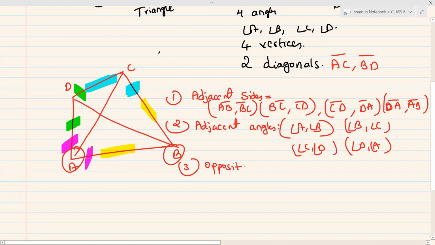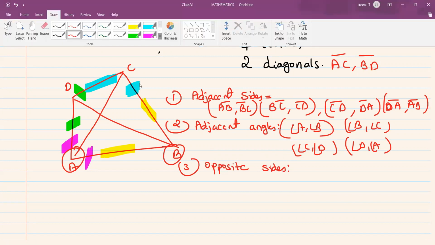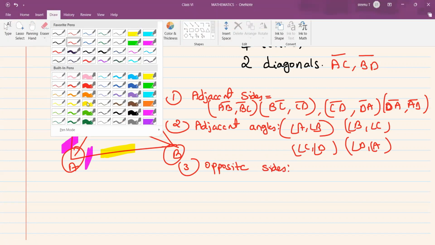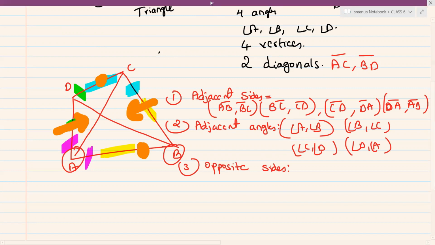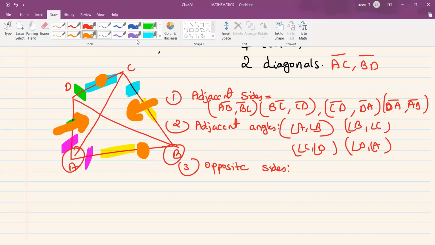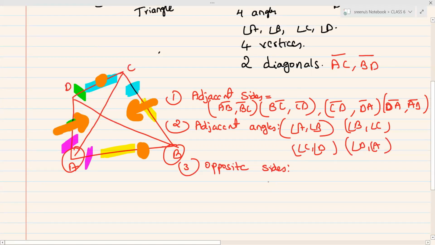Then next point, opposite sides. What are these opposite sides? I'll mark with some other color. Just check it out. This and this are opposite, and this one and that are opposite. So AB and CD are opposite sides.